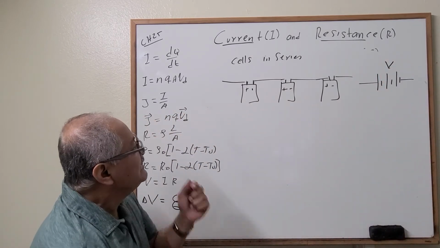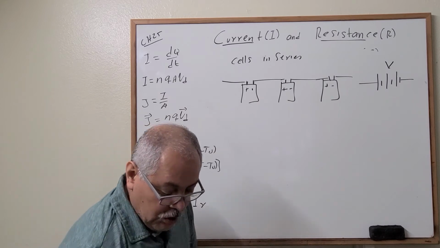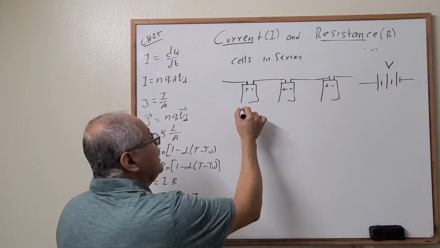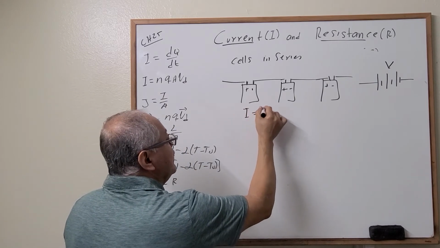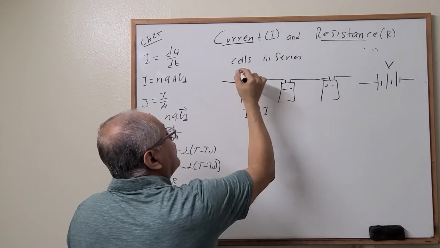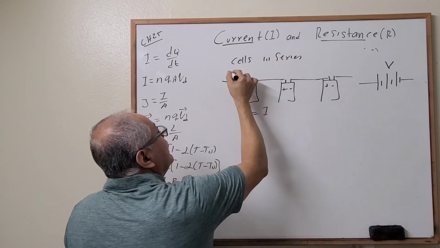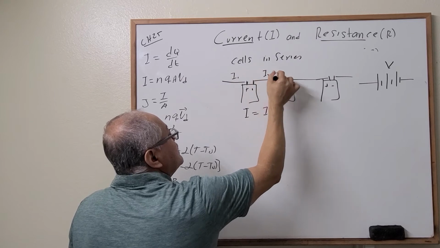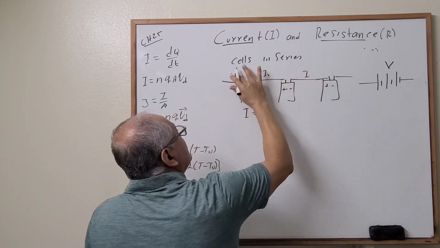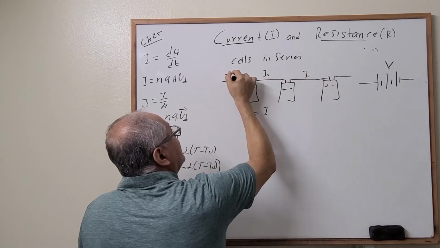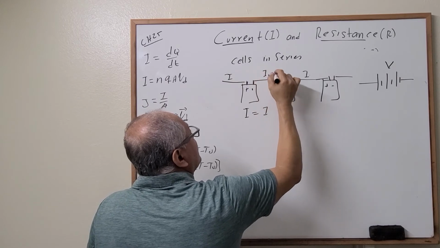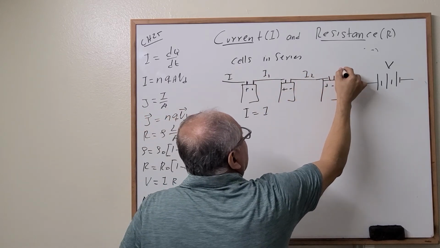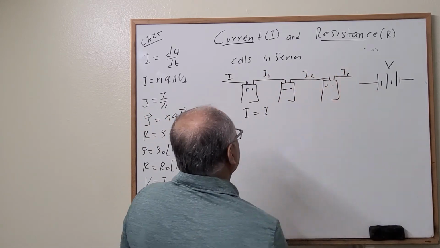Let's see what happens to the current. In this case, the current is the same through all of these wires. Let's call this the total current: the current through 1, through 2, and through 3.